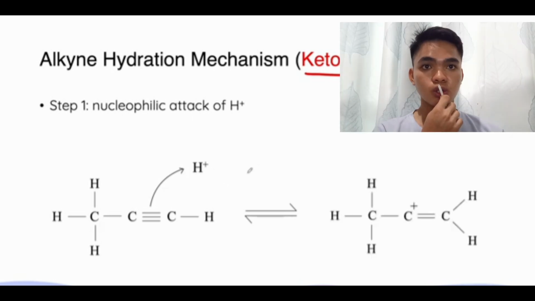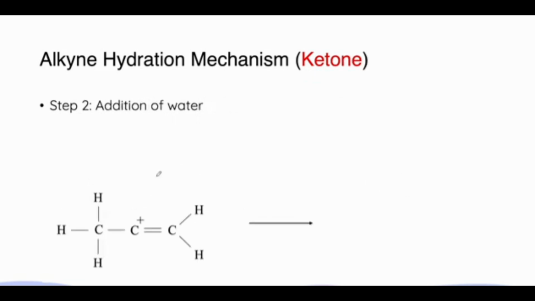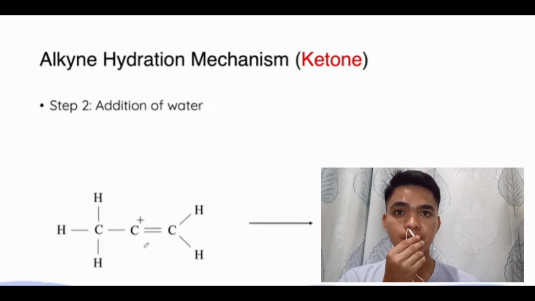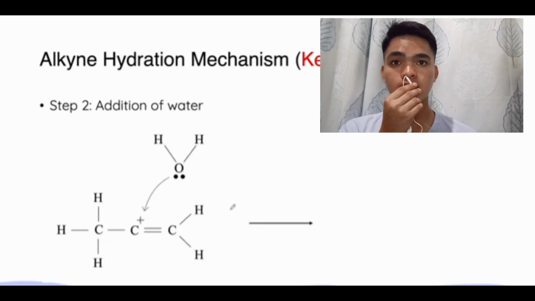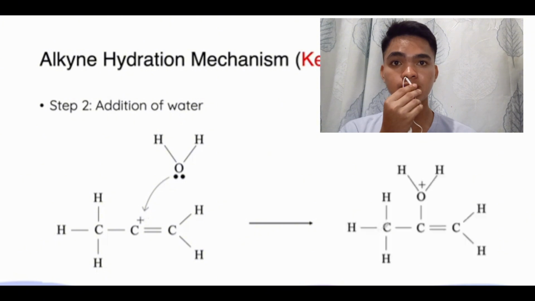As a result, we end up with the formation of an electrophilic carbocation in the 2 position. In the next step, water is now the nucleophile, and the water will engage in nucleophilic attack on the carbocation that exists in the 2 position. And as a result, it will form a positively charged oxonium ion.